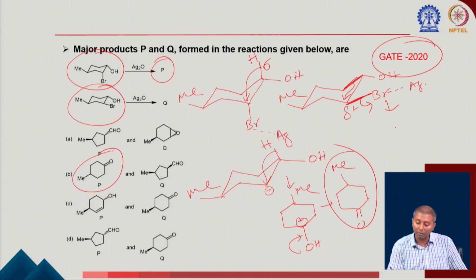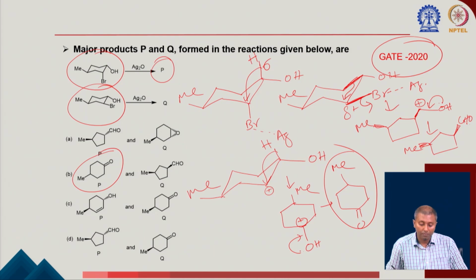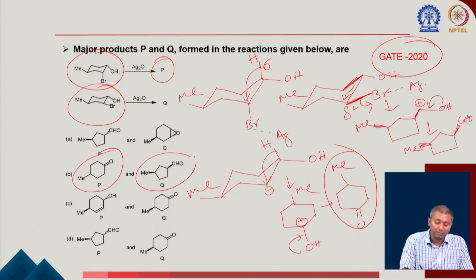So this can allow formation of this compound here. So this will happen at the same site, but here there will be a positive charge on this carbon. And this oxygen lone pair can give electron density, and can convert to the corresponding aldehyde. So you can see this will be the correct answer for the question.